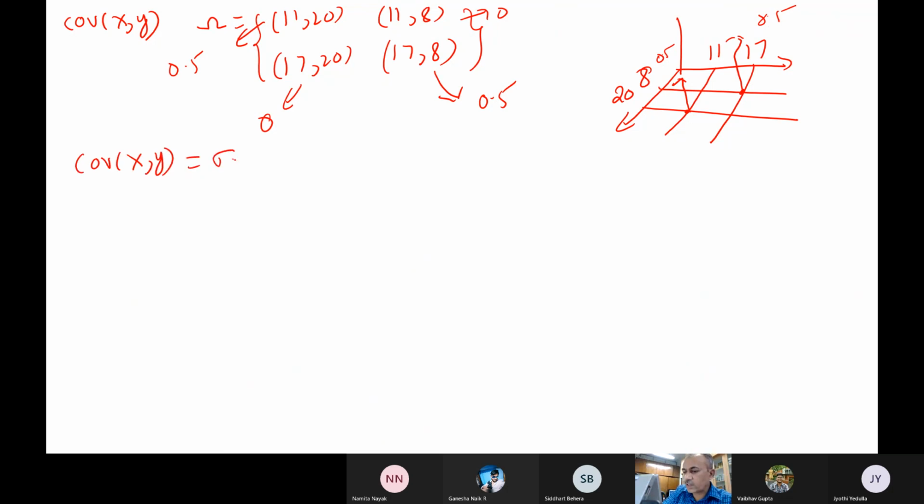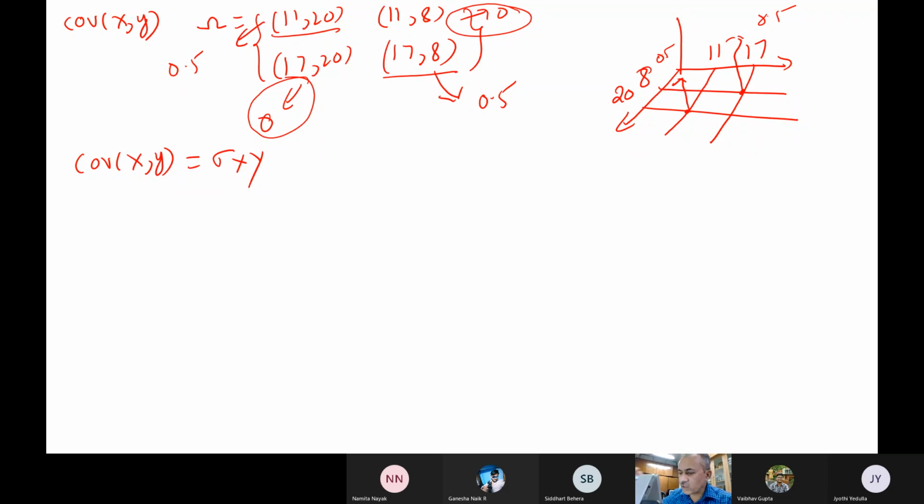What will be the covariance here? Among these 4 combinations, you have to sum up over all 4. The advantage is that 2 combinations have 0 probability, and only 11, 20 and 17, 8 have non-zero probability.